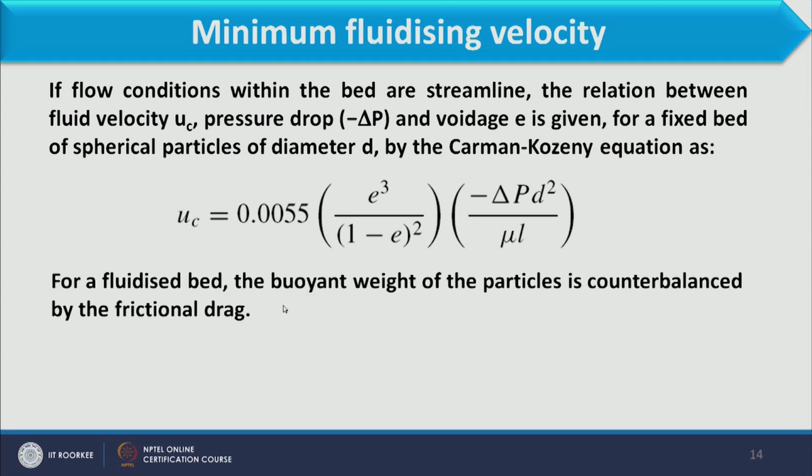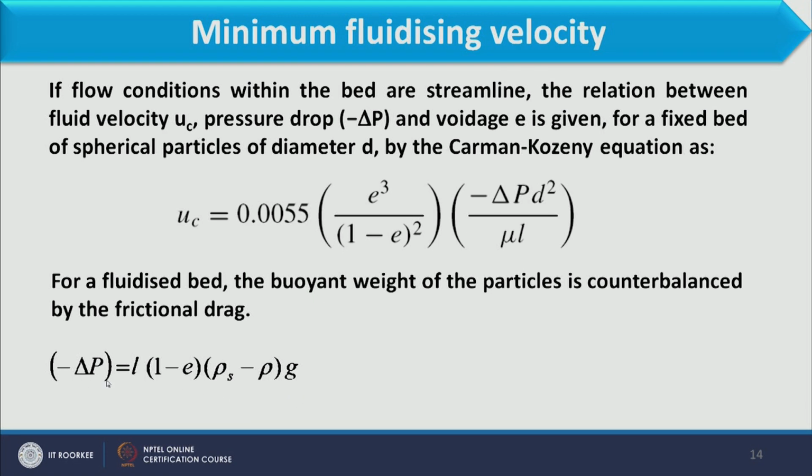Now for the fluidized bed, the buoyant weight of the particle is counterbalanced by the frictional drag. If you remember, the last slide of the first lecture of week 3 contains the derivation of the pressure drop of the fluidized bed. That pressure drop relation we obtained is: pressure drop equal to L (1 minus E) (rho S minus rho) into G. We derived this expression based on force balance.